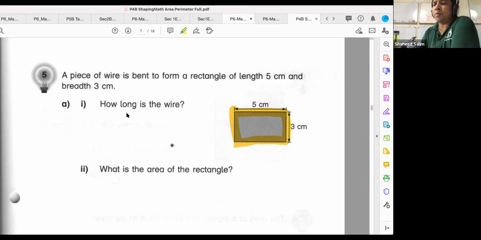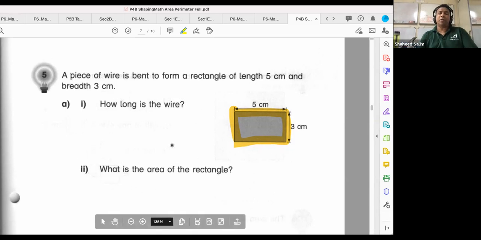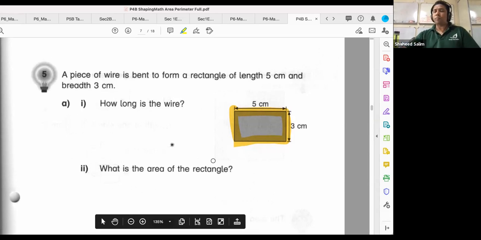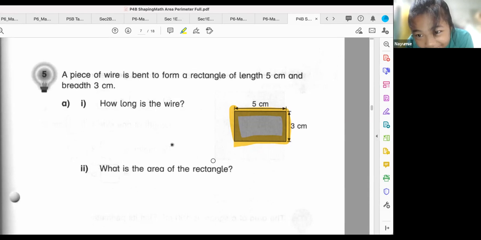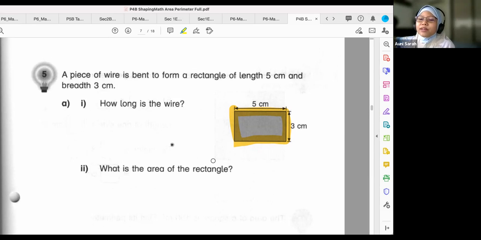Hey, Amara, are you okay? Okay, you tell your adik, I'm going to complain to the father now. Tell adik, I'm going to tell your dad. Can I go further? Yeah, go. Mr. Shahid, they are still thinking.